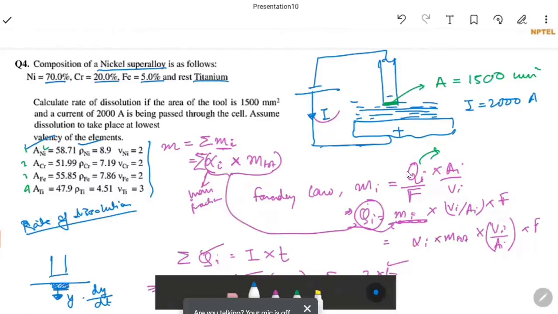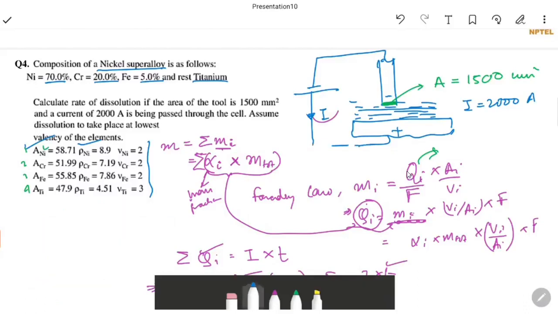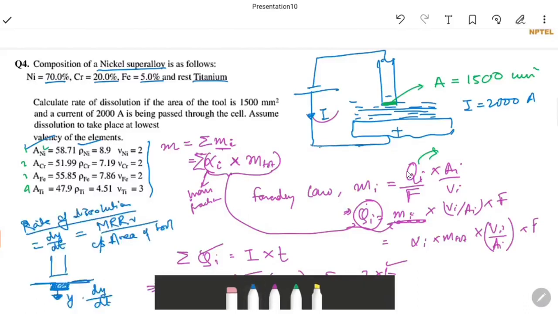Area means this cross sectional area. So it is nothing but the volumetric MRR divided by the cross sectional area of the tool. So here we assume that the feature size that we are getting here is the same as that of the tool. In practice that doesn't happen, but here we are assuming it like that.